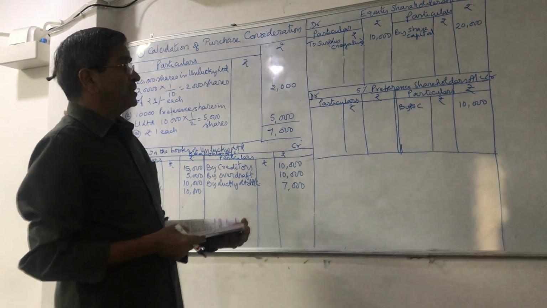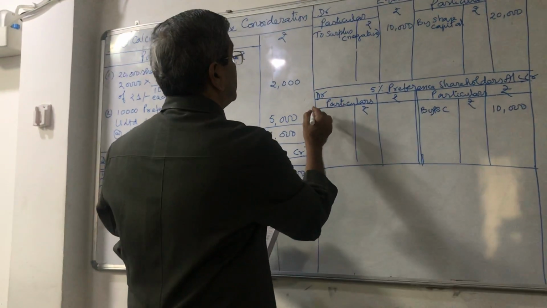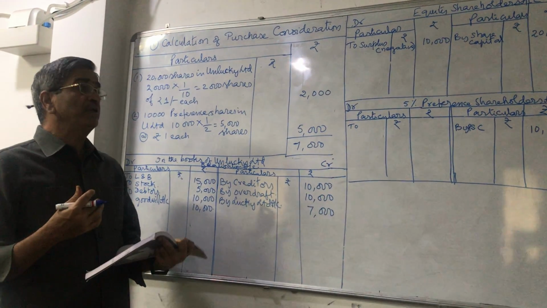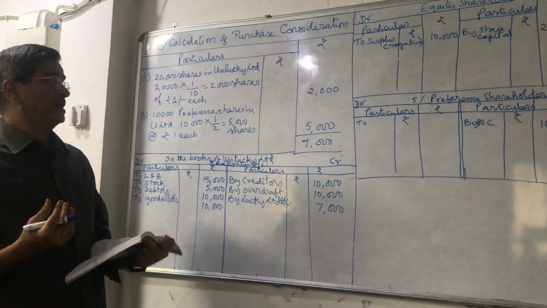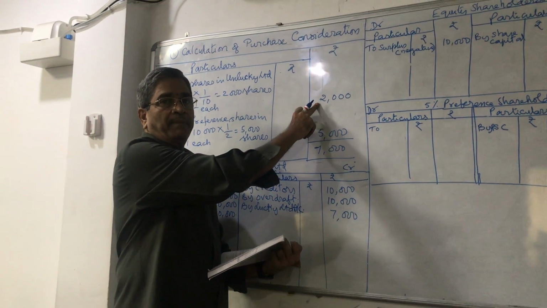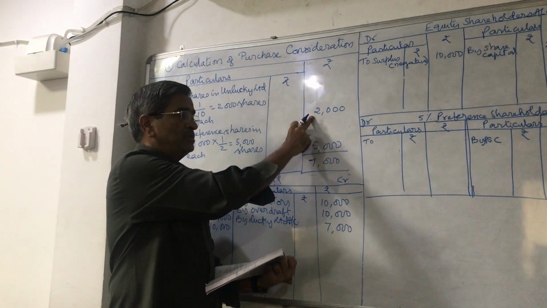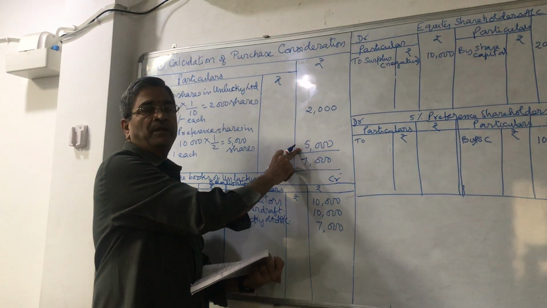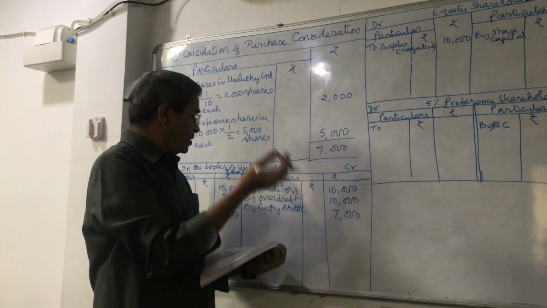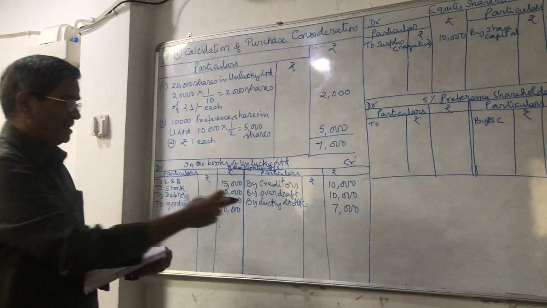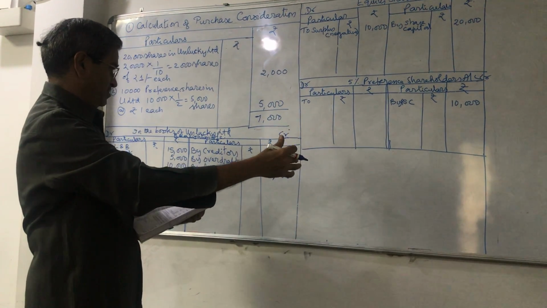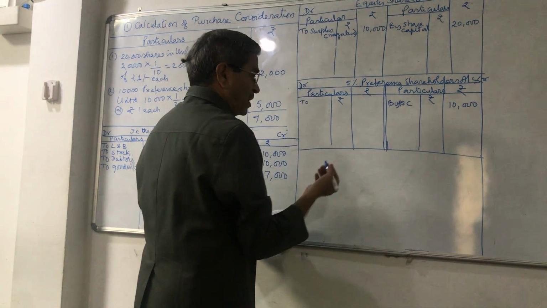So you will be getting the shares from the purchasing company. For that you need to write: equity shares in purchasing company 2,000, preference shares in purchasing company 5,000, to Lucky Limited 7,000.